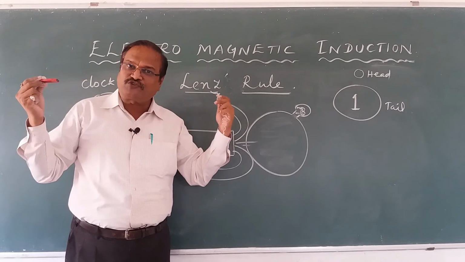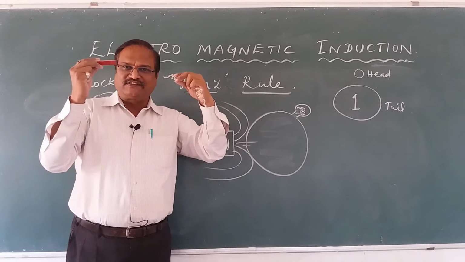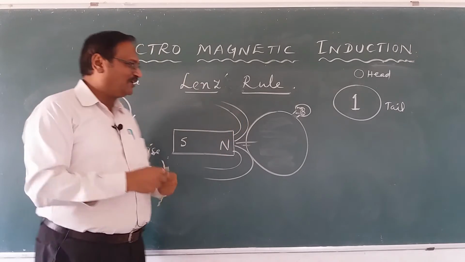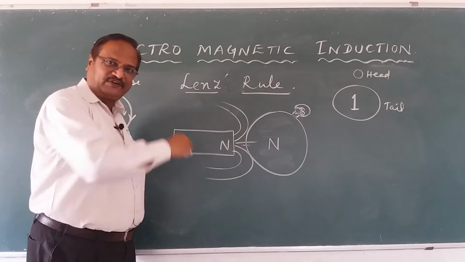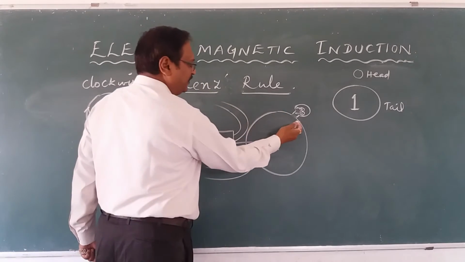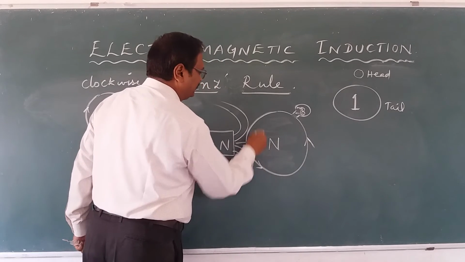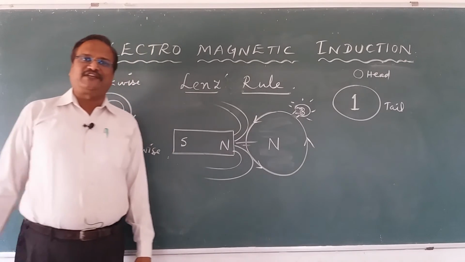In order to oppose, it is repelling. That means this is north pole, so this should be north pole. North pole and north pole will repel. If it is north pole, what is the direction of the induced current? Anti-clockwise direction.